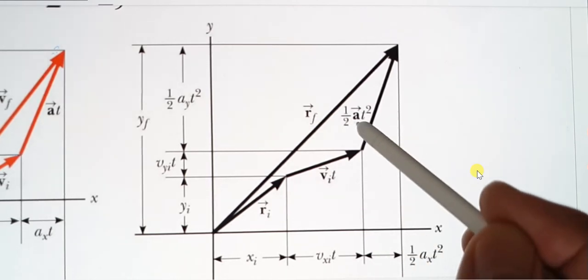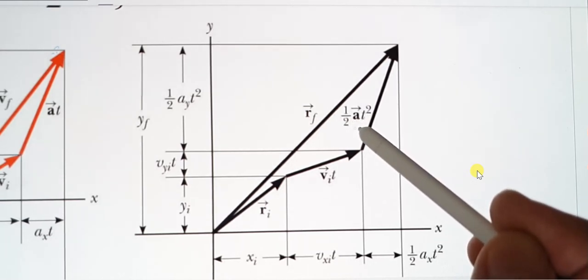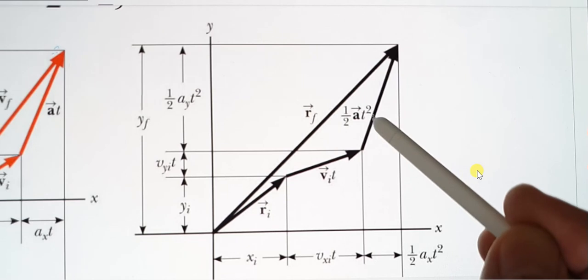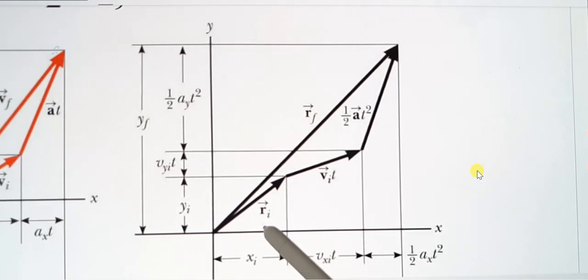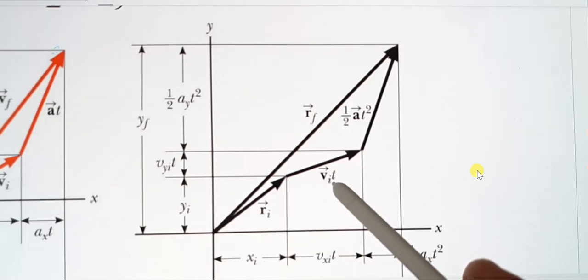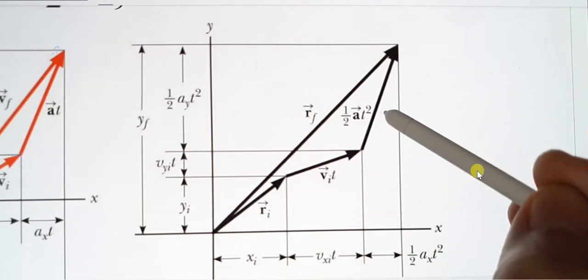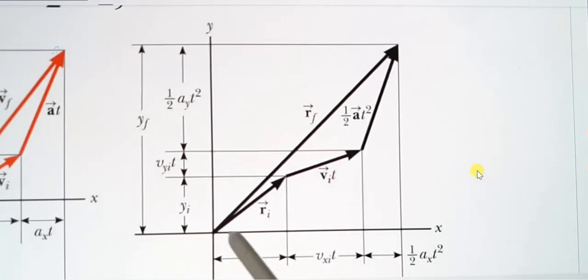And this is AT squared. A is meter per second squared, and T squared is second squared, so you end up with meter. So R initial is displacement, this is displacement, and this is displacement. We are adding the three of them as displacement.